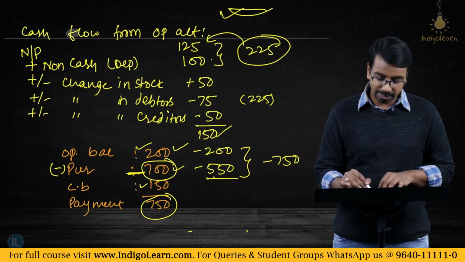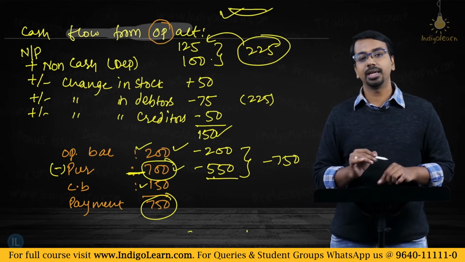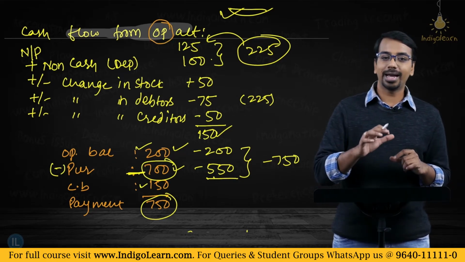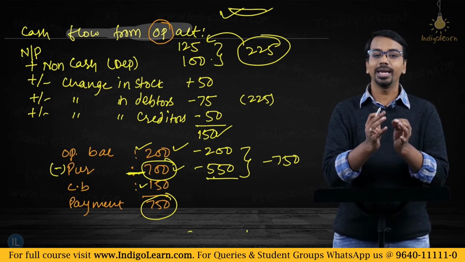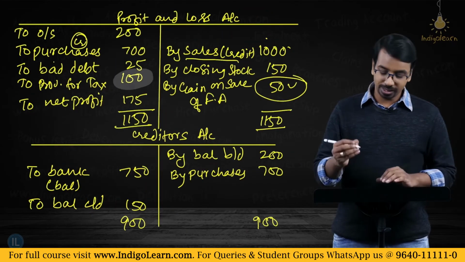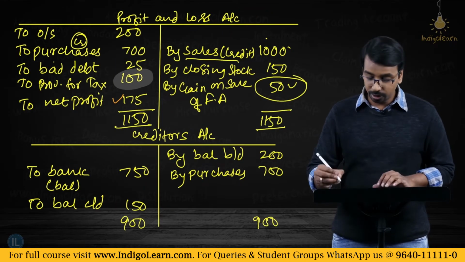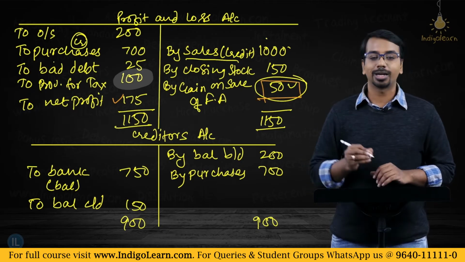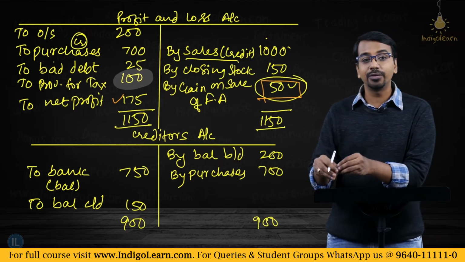So, when I am preparing this cash flow from operating activities, please note I am doing only from operating activity. Any non-operating activity related cash flows or gains or losses should also be excluded, which means though there is a net profit of 175 to start with, I should remove this 50 while computing the cash flow from operating activities. Sir, then where will this 50 go?